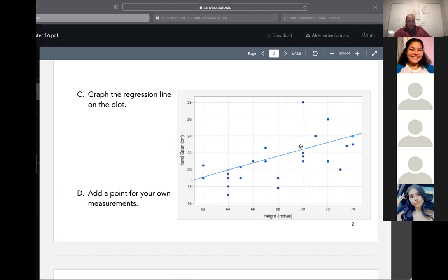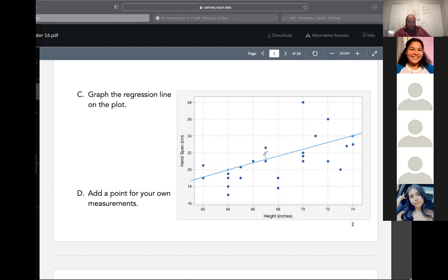Now, your height was 67, correct? And your actual value was 22, so this is your actual value right there.